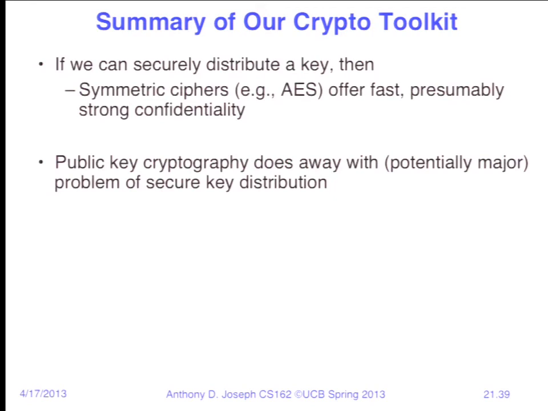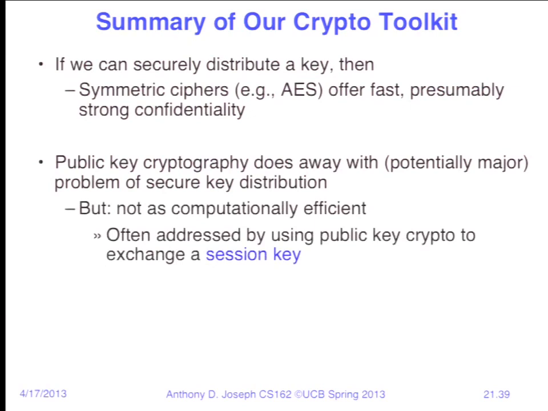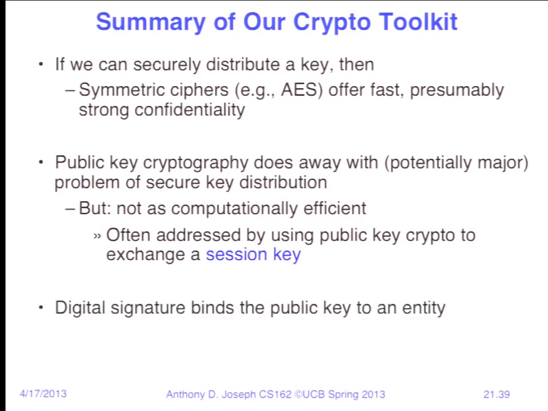But it does have the problem that we still have to figure out how to get the public key out there, and it's also not as computationally efficient. So typically what we do is set up a communication channel using public key cryptography. Then we exchange a session key, a secret key, which we can then use for a symmetric cipher. Digital signatures are a way that we can bind a public key and an entity.